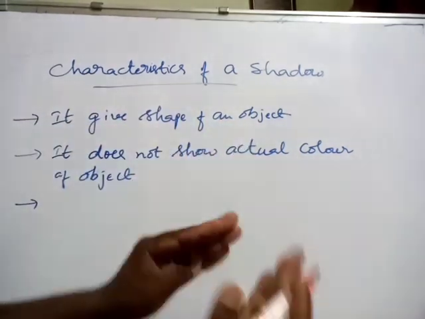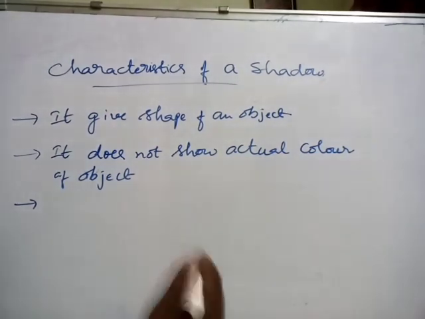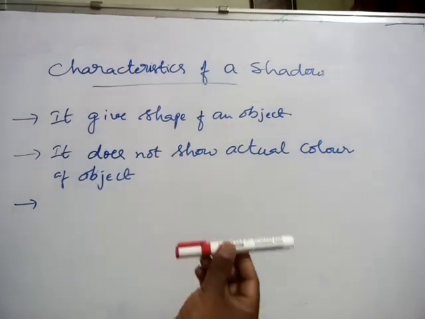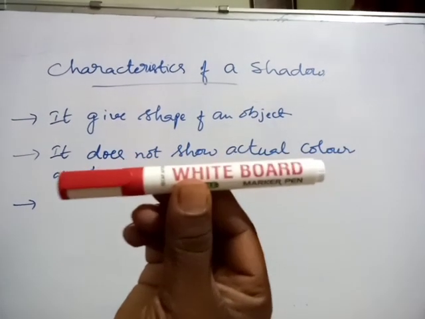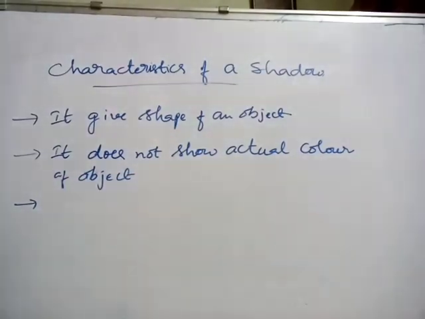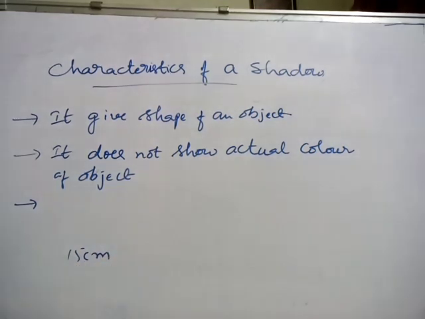And even though the person is 150 centimeters or 160 centimeter, means 5 feet or 6 feet, based on the position of the source of light and the position of the screen, that size will increase or decrease. See, we know the size of the marker is like 15 centimeter. For example, 15 centimeter is the length of this marker.